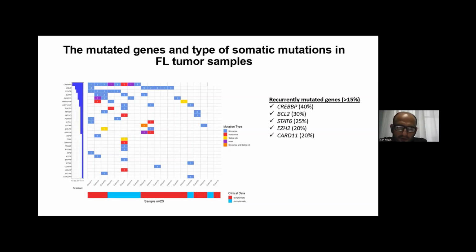This was consistent with previously published literature. The CREBBP gene was the most highly mutated one, followed by the BCL2 mutations, which were observed in 30%. STAT6, EZH2, and CARD11 mutations were also common. And most of these mutations were missense mutations, but we observed nonsense mutations and other splice site mutations as well, rarely.